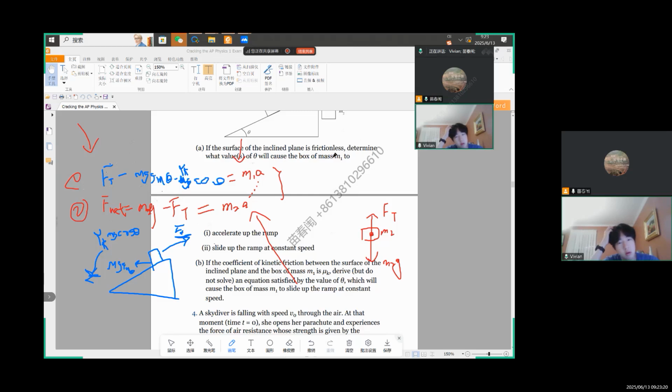So then it's just m2 g minus m1 g sine theta minus mu m1 g cos theta equals m1 plus m2 times a, right? And also this is constant speed. What does that tell us?